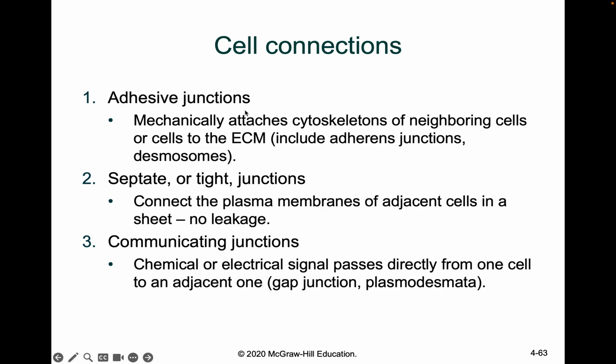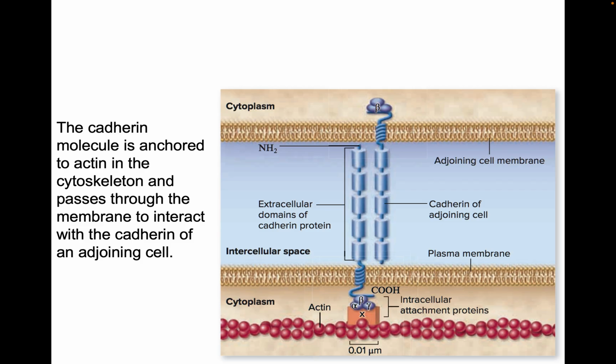Adhesive junctions are proteins that mechanically attach the cytoskeletons of neighboring cells, or attach cells to the extracellular matrix. I'll give you an example, which is cadherin. Cadherin is one of the most primitive proteins, having existed for millions of years.